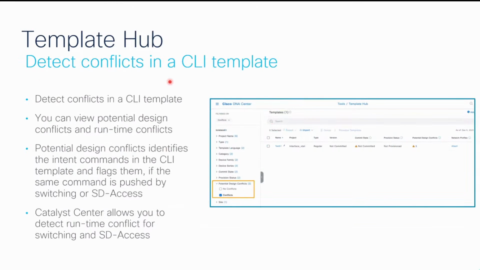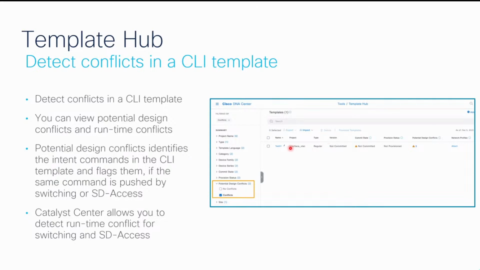Now, for detecting design conflicts in the CLI template, you'll want to click this conflicts filter, and it's going to show you any templates that might have either a design conflict or a runtime conflict. By runtime conflict, I mean a command. Let's say one command we're going to look at here in a little bit is NTP server. If I did NTP server with its IP address and that didn't reflect my intent, then it's going to flag that as a configuration conflict.